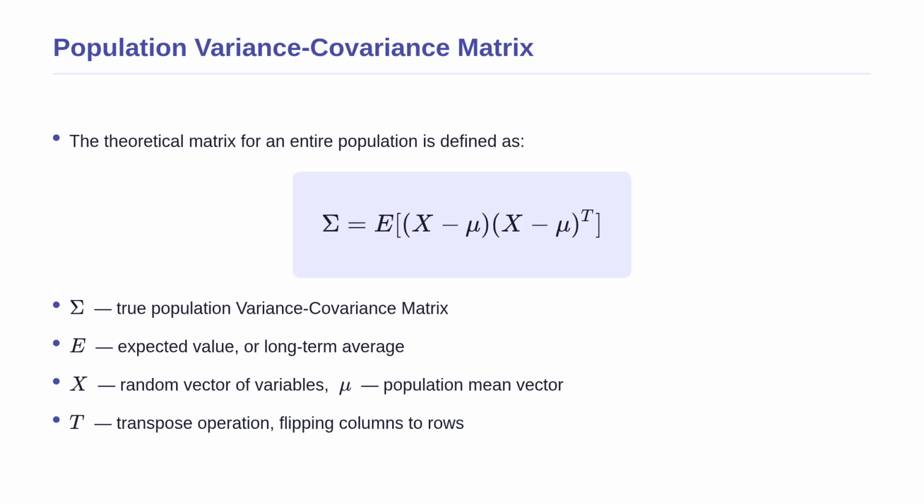The superscript T stands for transpose, which is an operation that flips a column of numbers into a row of numbers. By multiplying the difference between the data and the mean by its own transpose, we create a full grid of all possible variance and covariance combinations. As the physical spread of the data increases, the numbers inside sigma will grow larger.